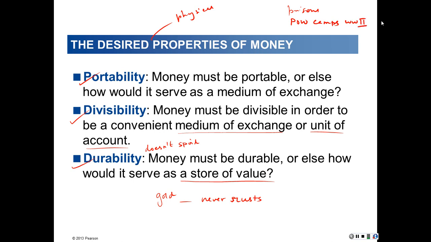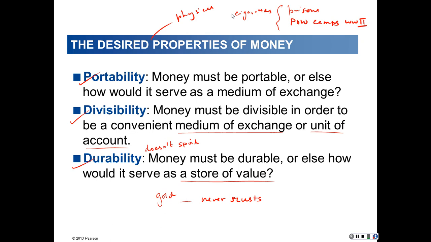A certain commodity that even today serves as money. People in prisons often use it as currency. Any thoughts? The commodity in question is cigarettes.